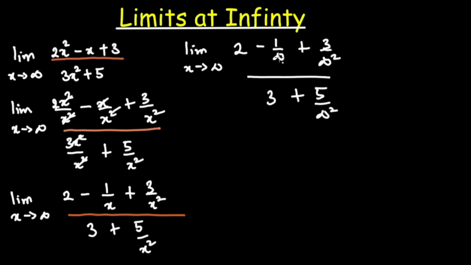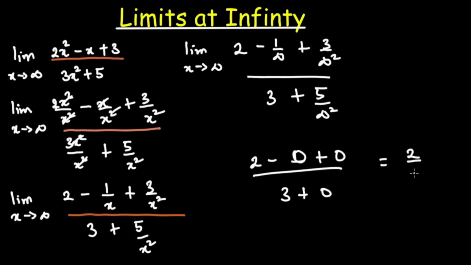So any number over infinity is 0. So I'm going to have this as 2 minus 0 plus 0 over 3 plus 0. And my final answer will be 2 over 3. And that is the limit as x tends to infinity for this problem.